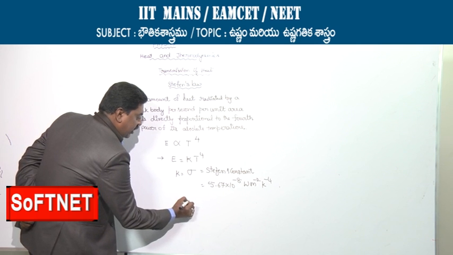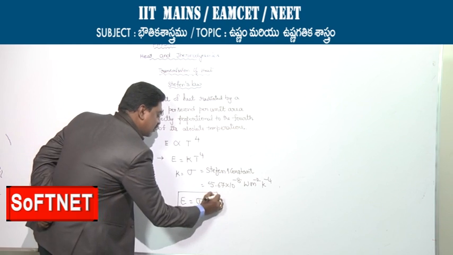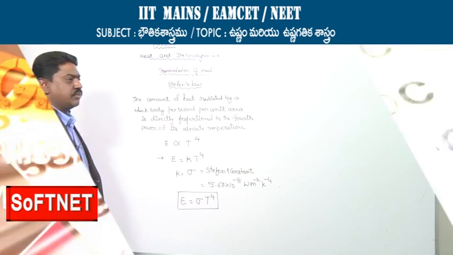So, we obtain E equal to sigma T power 4, which is called Stefan's equation.